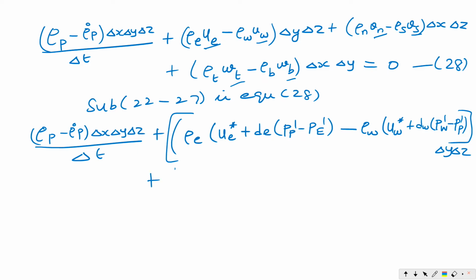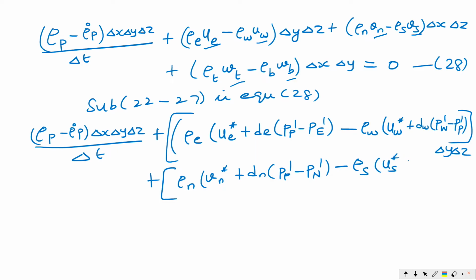Plus rho n. What is Vn? Vn is nothing but Vn star plus Dn of Pp prime minus Pn prime, minus rho s of Vs star plus ds of Ps prime minus Pp prime, of delta x into delta z, since it is in the y direction and delta y should not come. For the third term, rho t. What is Wt?